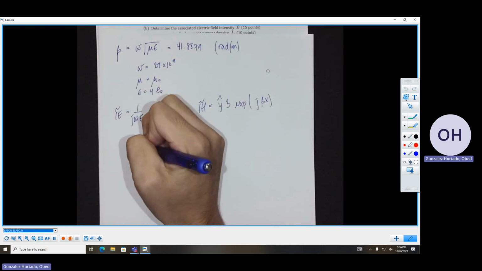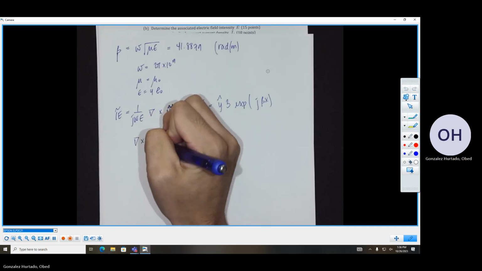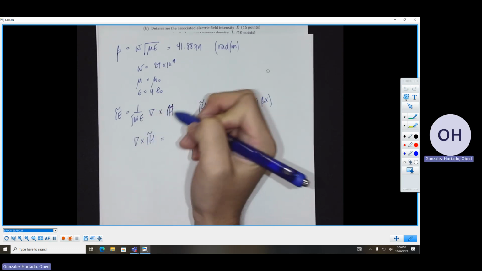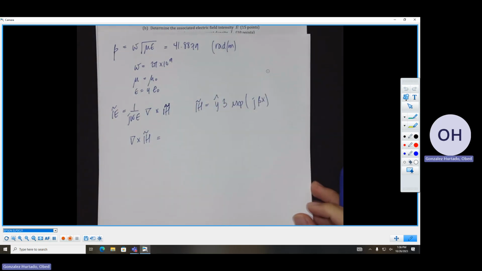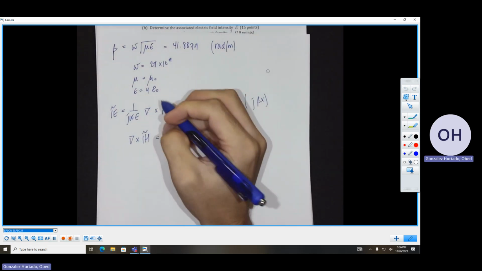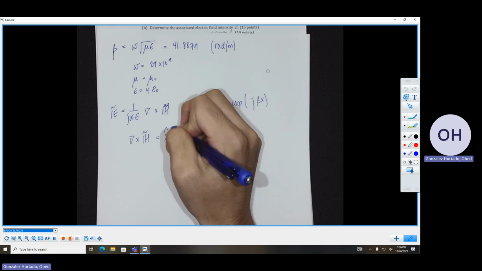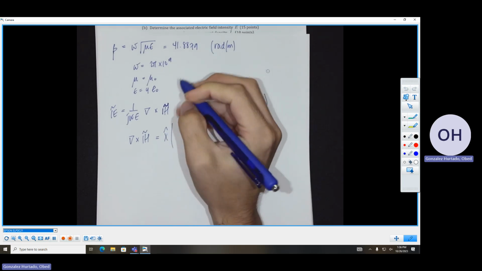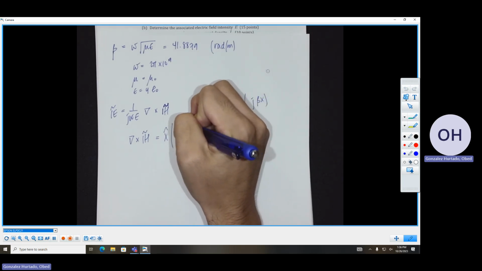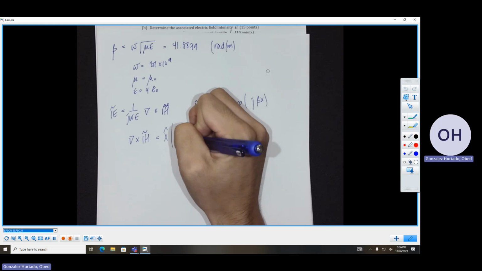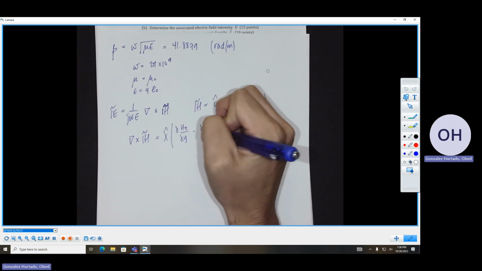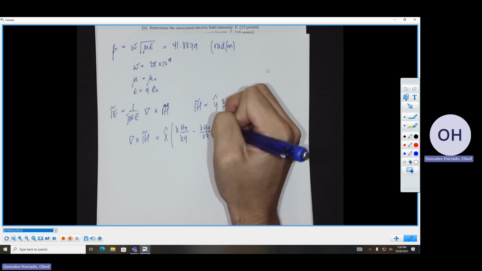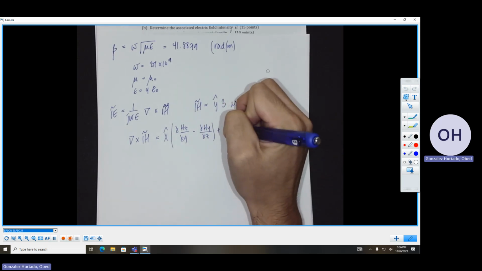We'll take everything apart. I'm going to write down the controversial equation. Okay, this is when it gets controversial.